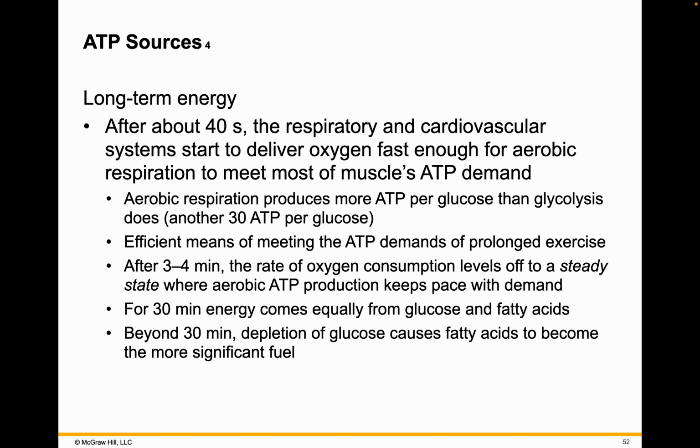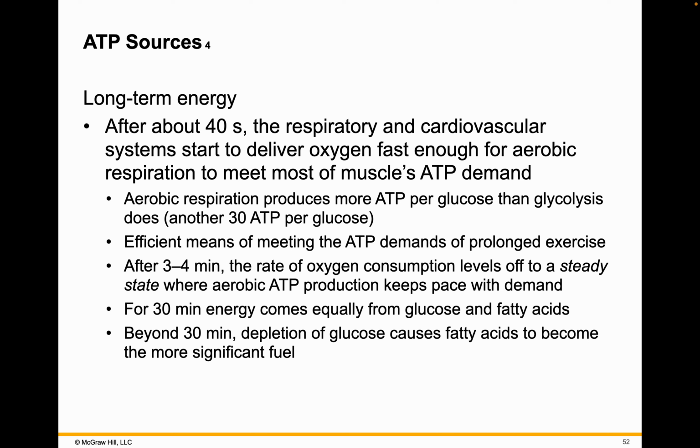Long-term energy: after about 40 seconds, the respiratory and cardiovascular systems will start to deliver oxygen fast enough for aerobic respiration to meet most of the muscle's ATP demands. So here we have aerobic respiration producing approximately 36 ATPs instead of the 2 from glycolysis.